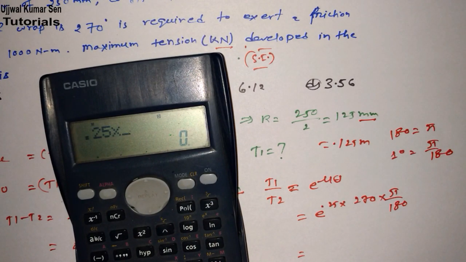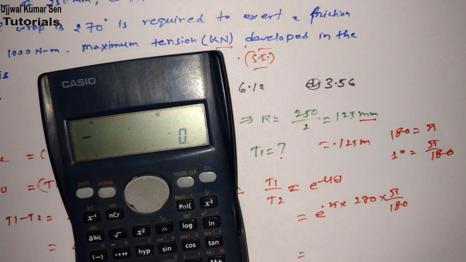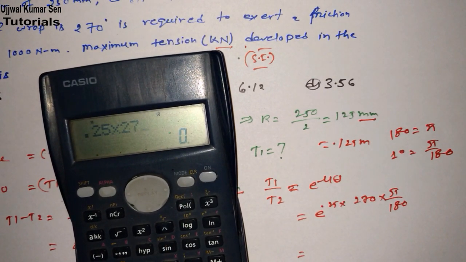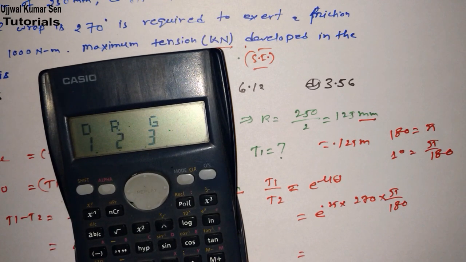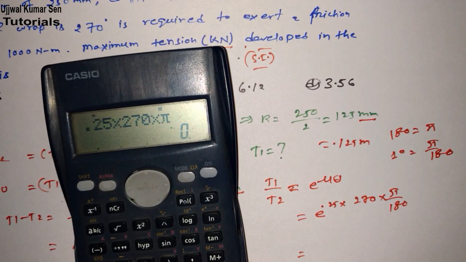Let's solve this. How much value are we getting? 0.25 multiplied by 270 multiplied by pi, division 180. Let's do it again. 0.25, 270, multiplied by pi, okay, division 180.